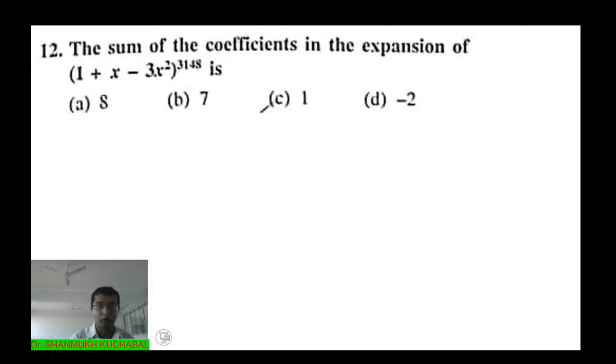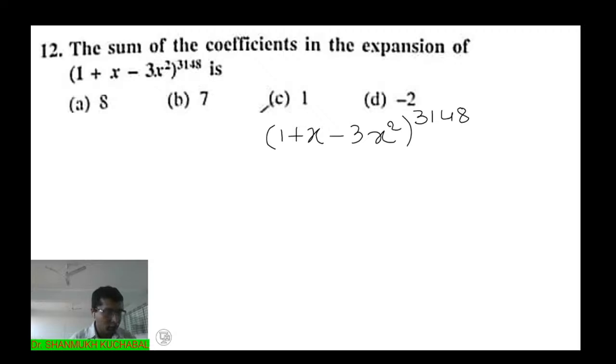Okay, we'll move to the next example. The sum of the coefficients in the expansion of (1 plus x minus 3x square) raised to 3148 is. So very simple. Yes, so I write that it is (1 plus x minus 3x square) raised to 3148.